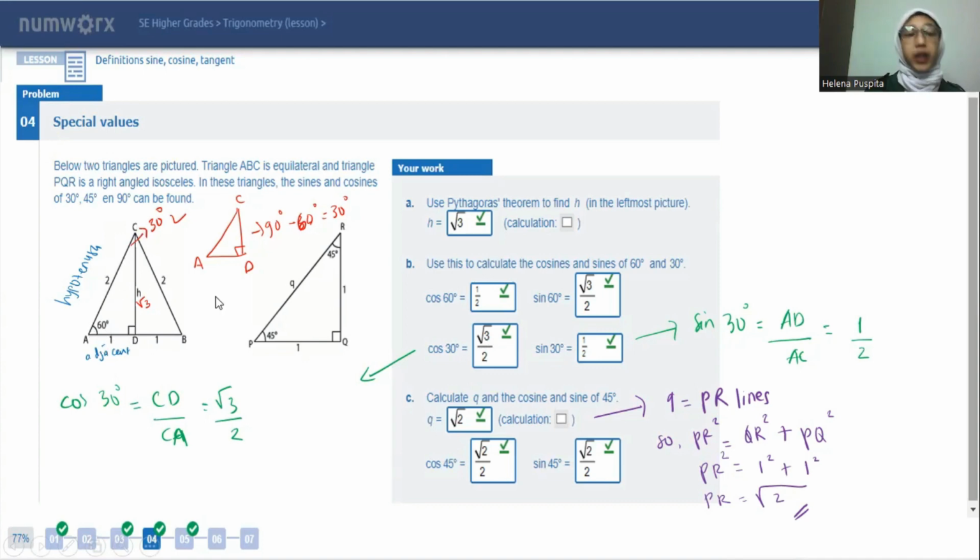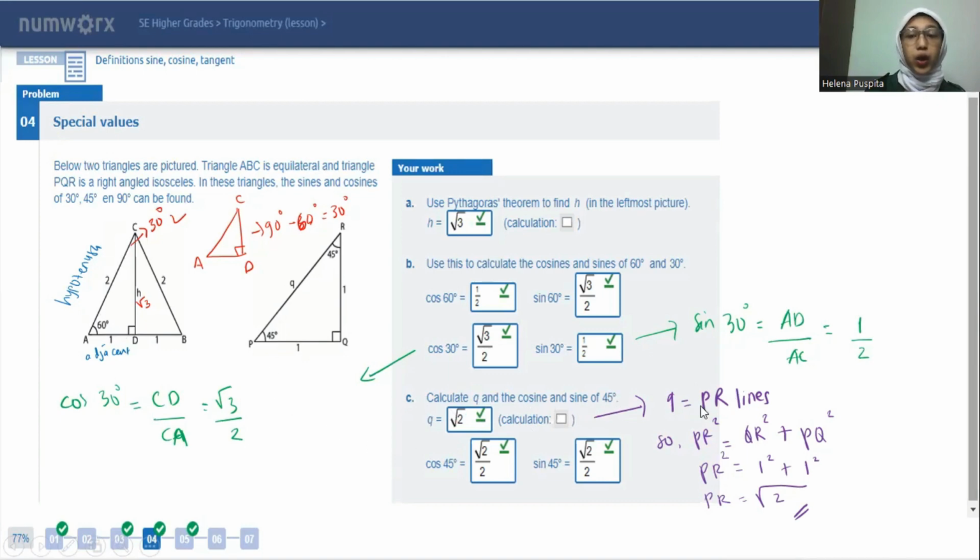We find the solution is 1 over 2. And then we calculate the cosine and sine of 45 degrees.